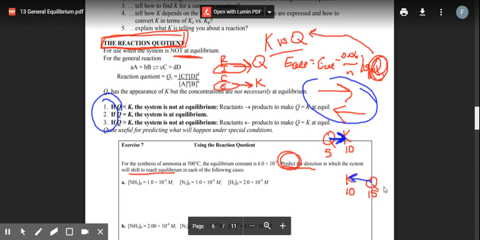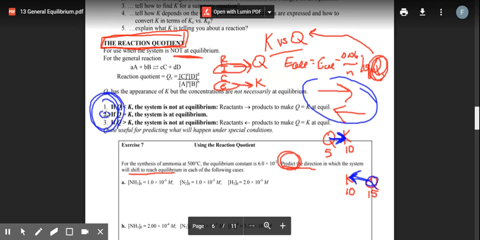If numerically I find that Q is greater than K, then I write Q on the right side. What's happening there is that numerically I have to shift to K, so I have to shift to my reactant side. So this is an easy way to not have to memorize these little steps.